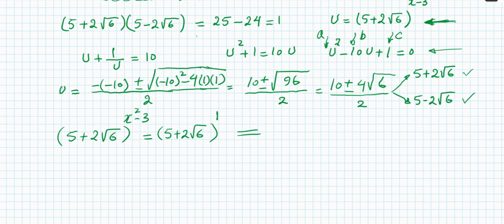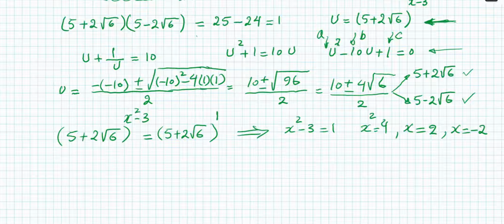And here, bases of these two equations are the same, so exponent has to be the same. X squared minus 3 is 1. X squared is 4. X is 2, and minus 2. So two of the roots of this equation are 2 and minus 2.